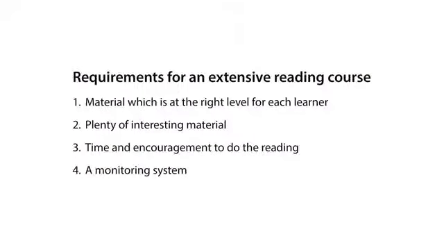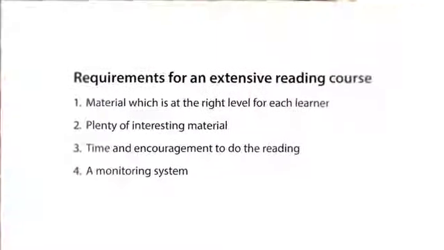The primary requirement of an extensive reading course is that learners are reading material which is at the right level for them. The second requirement is that they are doing plenty of reading. This is why extensive reading is called extensive reading. Extensive means covering a wide or large area, and so their reading should involve lots of different books.